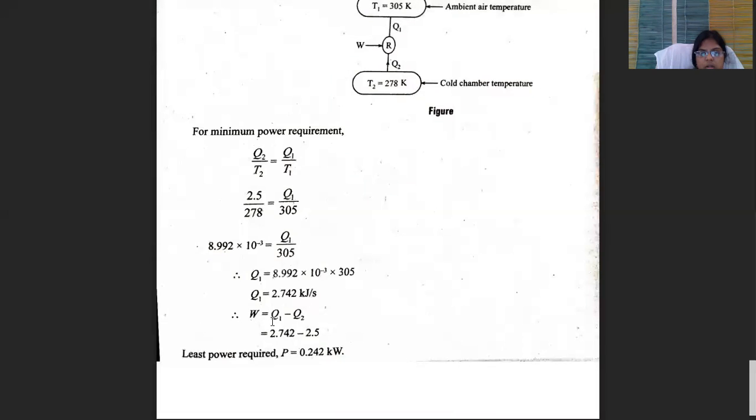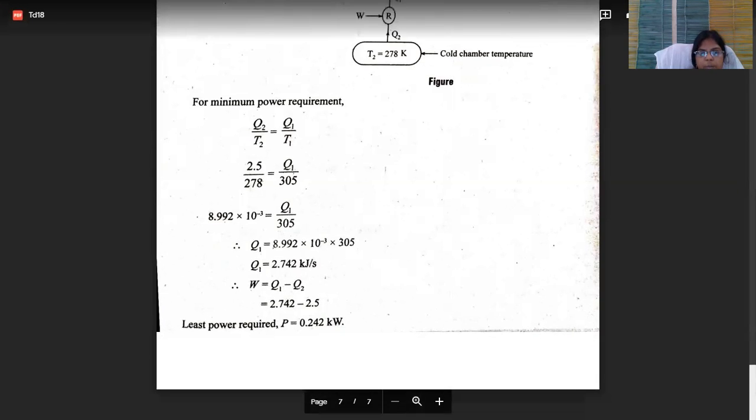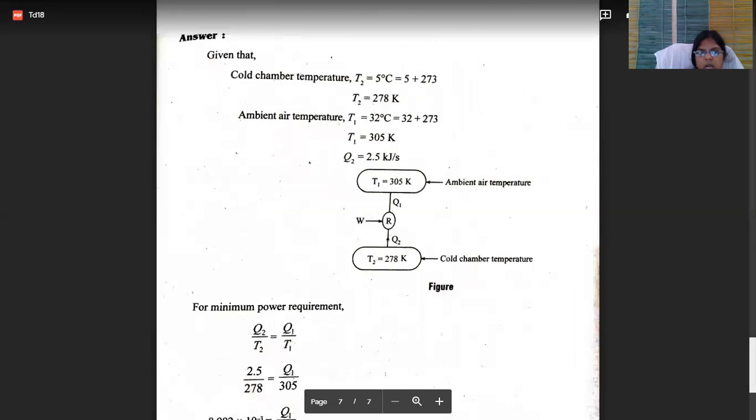What is the work done? Work done is the difference, Q1 minus Q2. Just replace the values of Q1 and Q2 and we get the work done. The least power required, since power and work done are the same here, is 0.42 kilowatt.